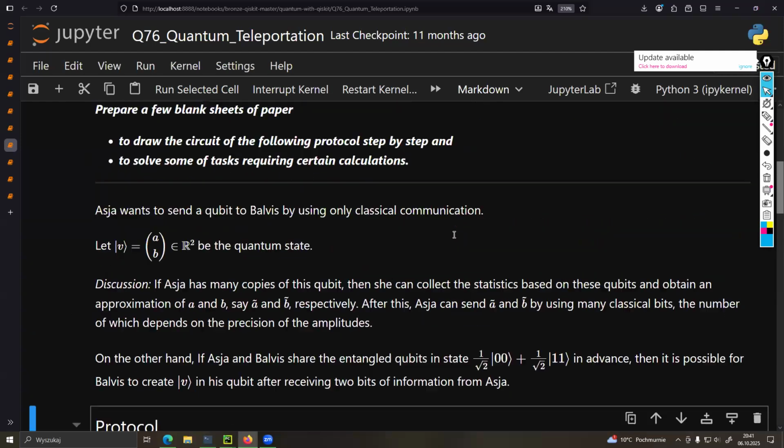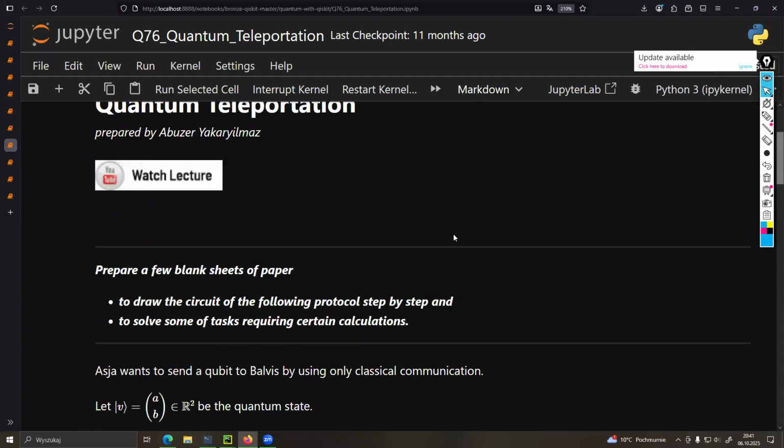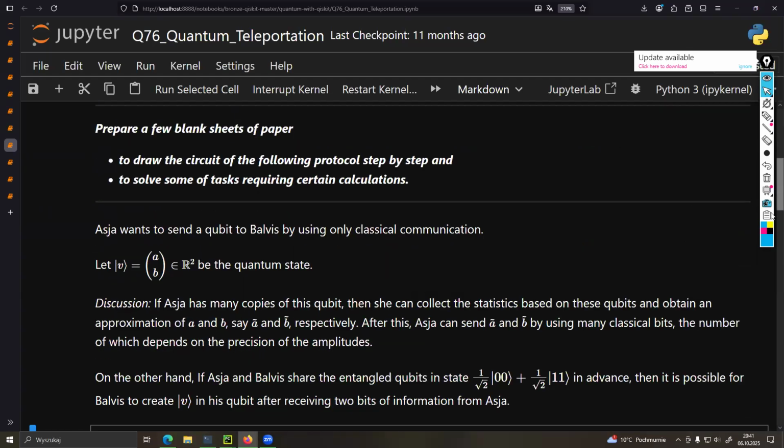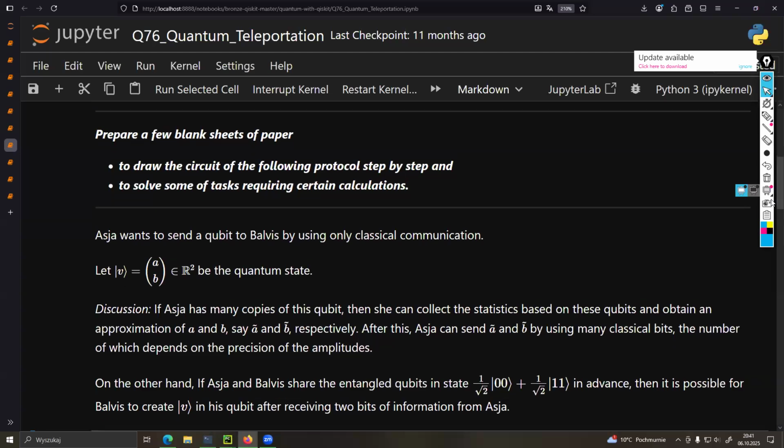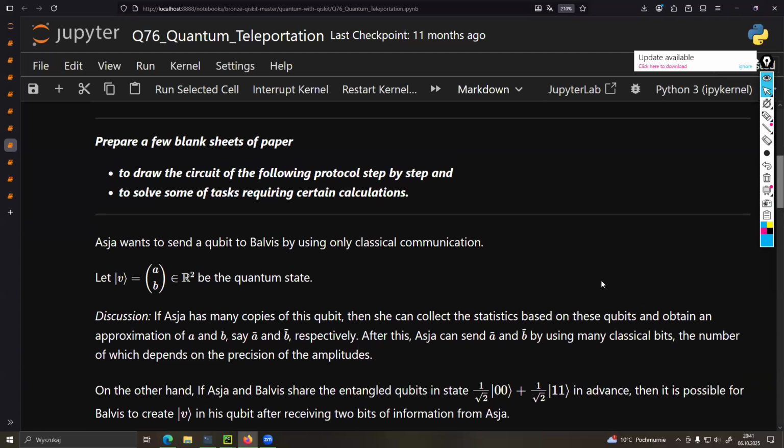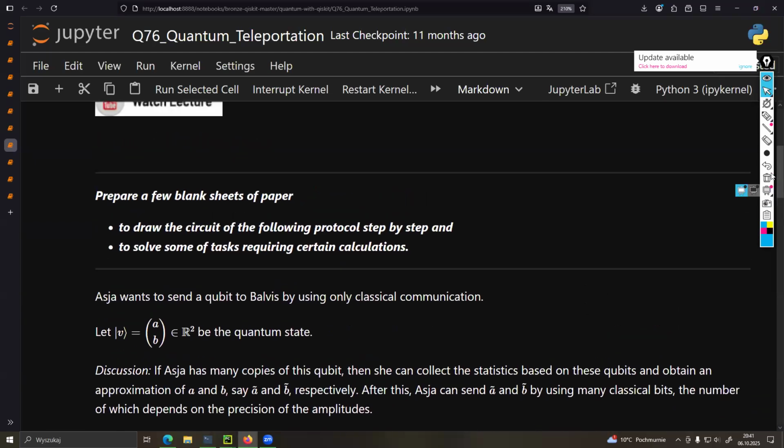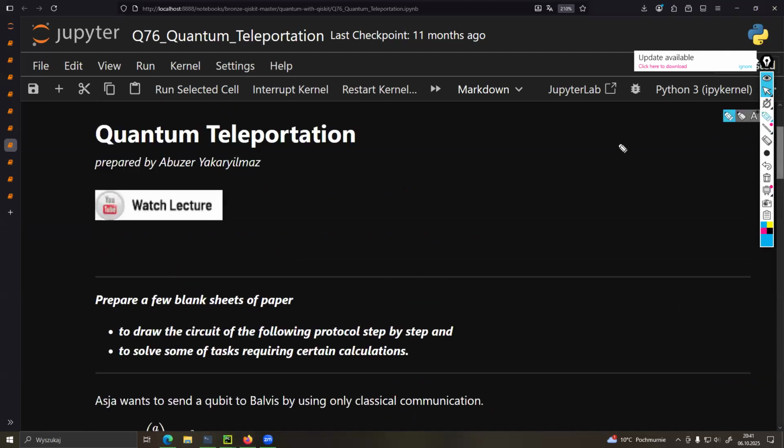And this is about the EPR paradox. If you want to know more about the EPR paradox, you are more than welcome to look up online what it actually means. But consider this.